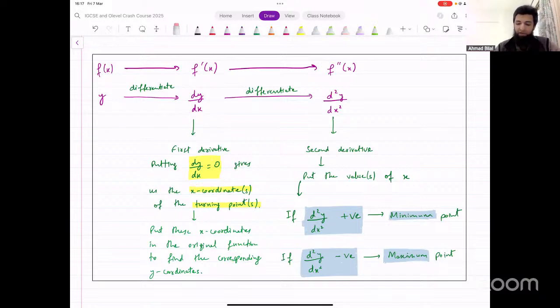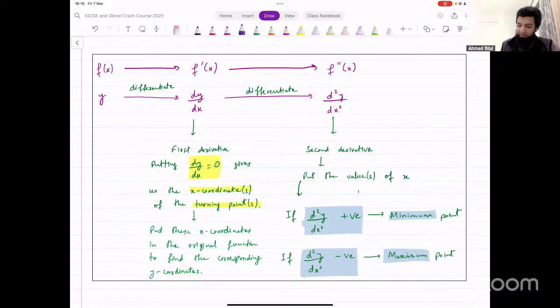Then if you have to find the nature, whether those turning points are maximum or minimum, for that, we find the second derivative, d squared y over dx squared, or f double dash of x. You can use any of those notations. Find the second derivative, put the values of x in that. So whatever values of x you got from the turning points, you put those values of x in that.